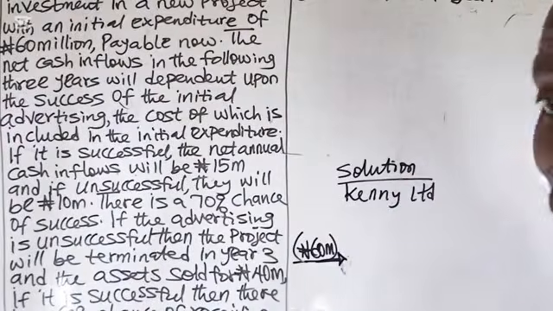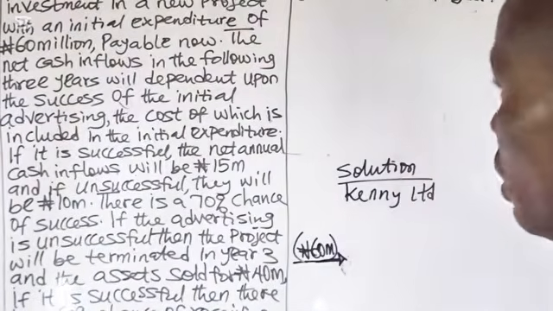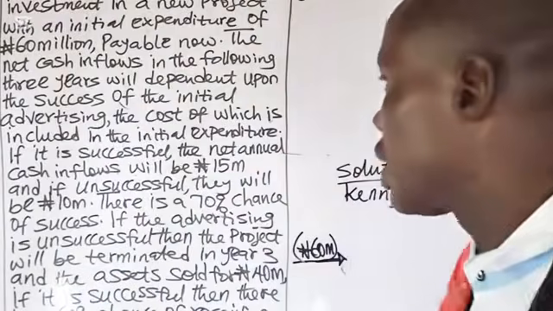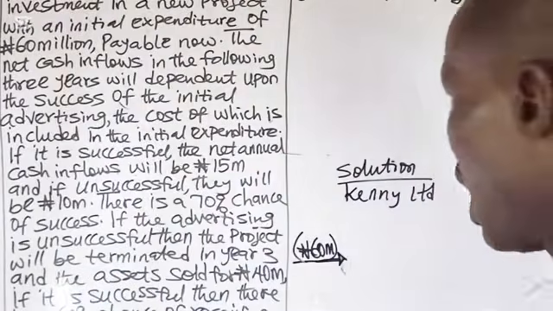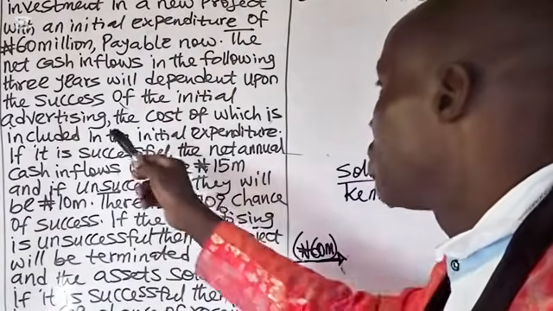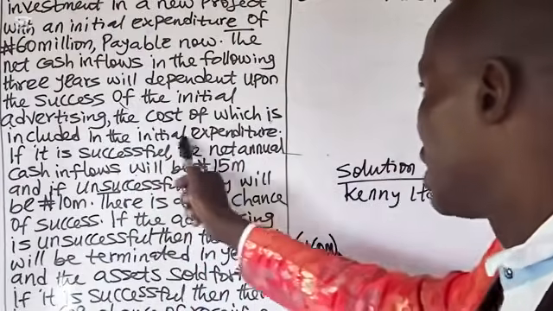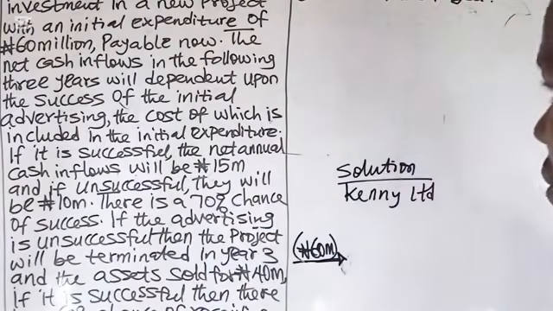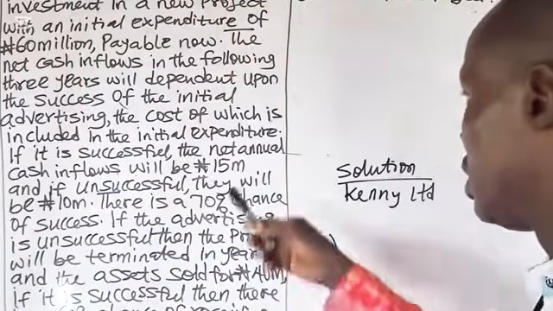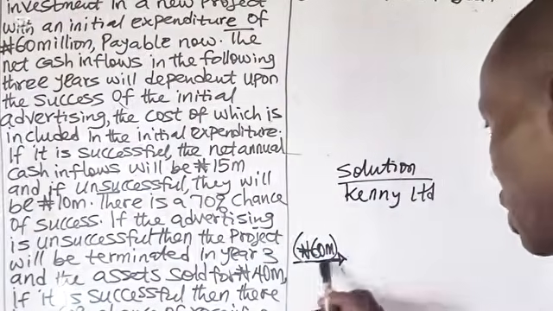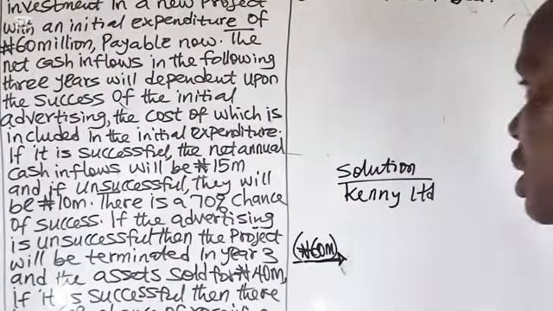The cost of the advertising is included in the initial cost of 60 million. So that is what the question is telling you.